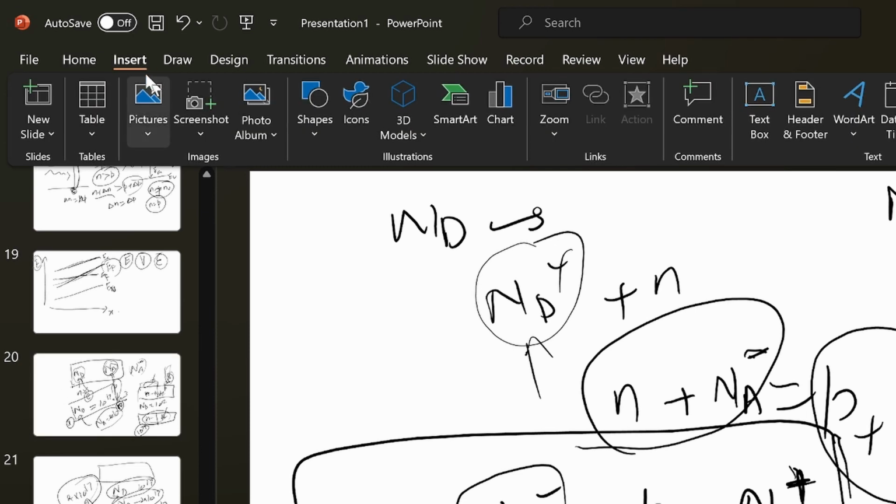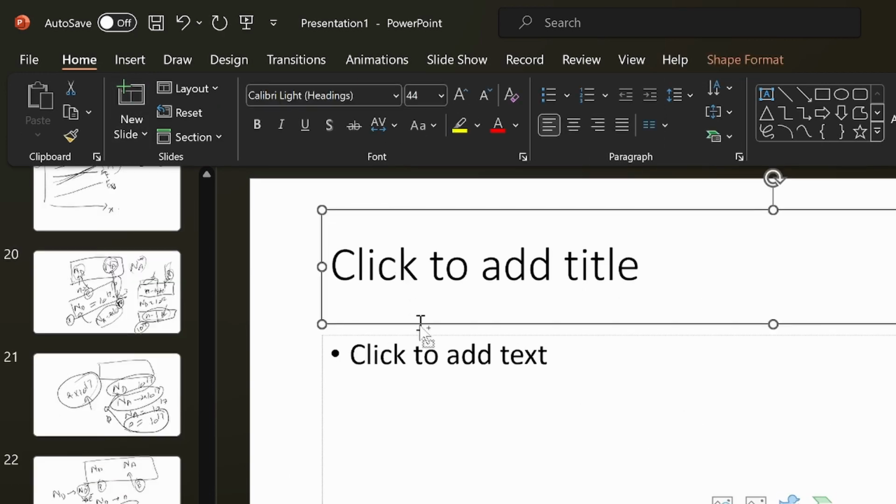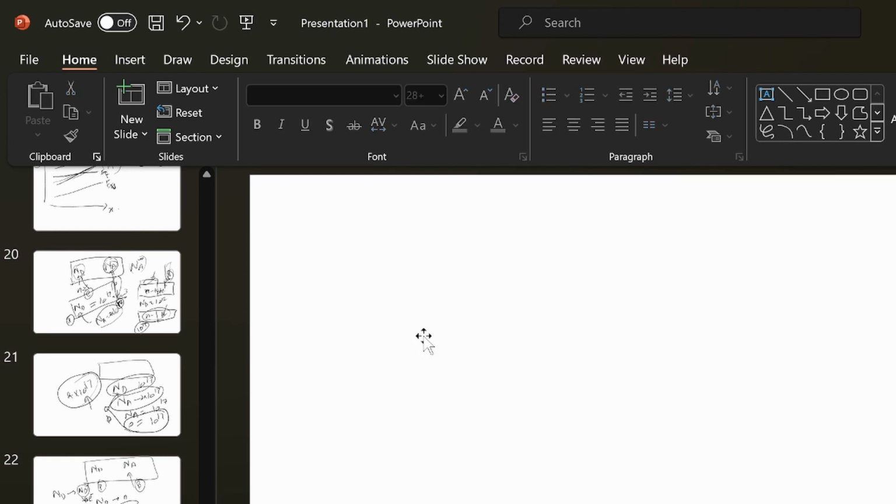I am not going into the calculation because time is almost up. The last thing I will tell you is the temperature dependence of the Fermi level of the extrinsic semiconductor, not the intrinsic semiconductor.